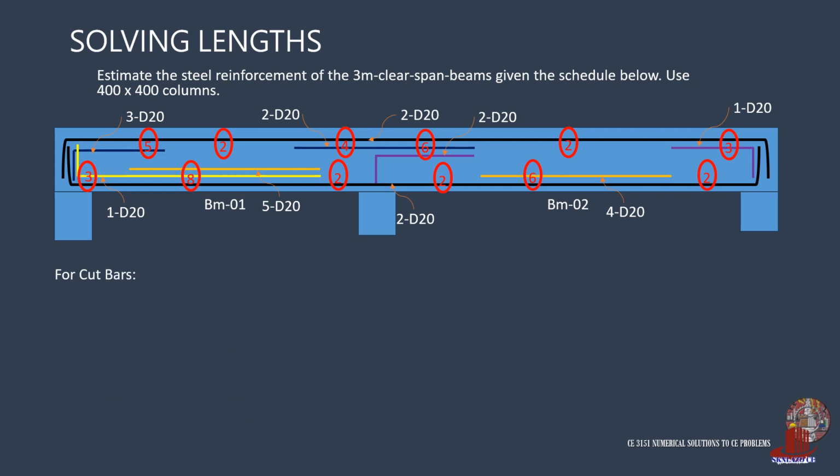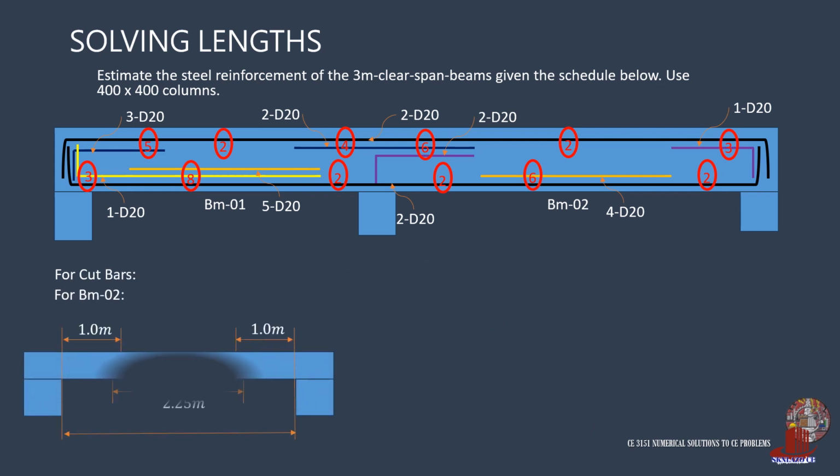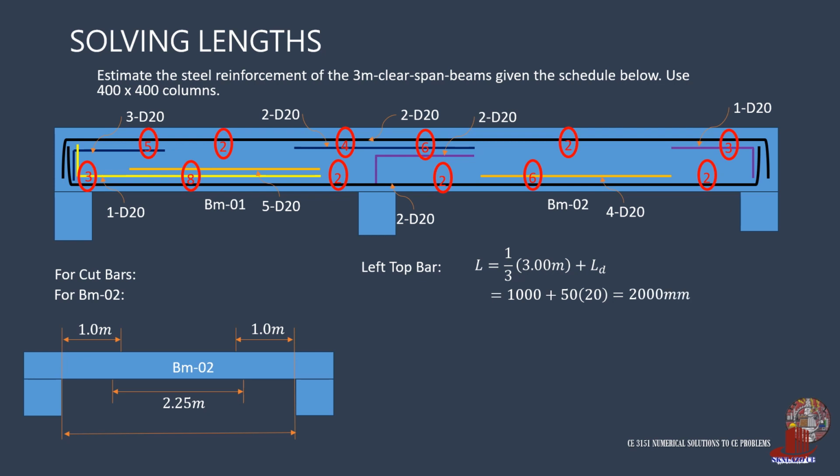Next are the cut bar lengths in beam 2. For the left top bar, the length is 1/3 of 3 meters plus the development length. L is then 1,000 plus 50 times 20, which is 2,000 mm. The bars are then 2 D20 by 2 meters. The right top bar has a length similar to the left support, so L is then 1,000 plus 50 times 20, which is another 2,000 mm.